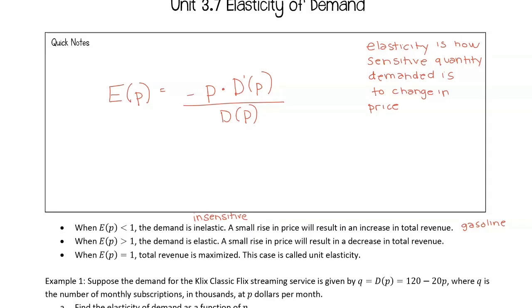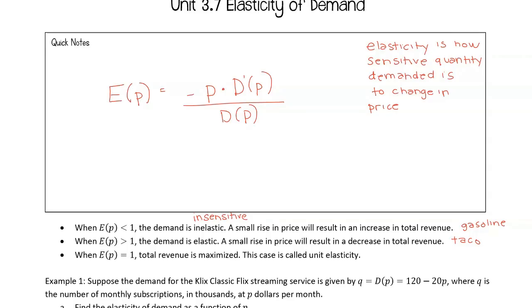Okay, if elasticity is greater than 1, then the demand is elastic. That means a small rise in price will result in a decrease in the total revenue. So the price goes up, people buy less, or they find substitutes. A good example of this would be maybe your favorite taco place, right? There's a million places to buy tacos.